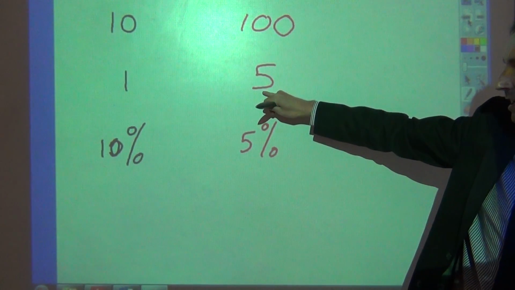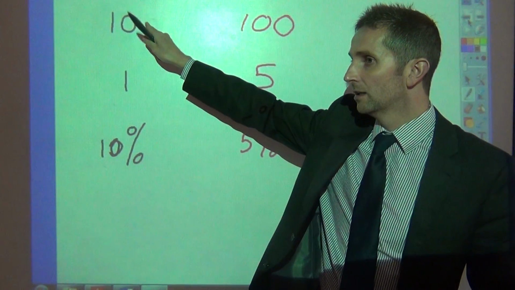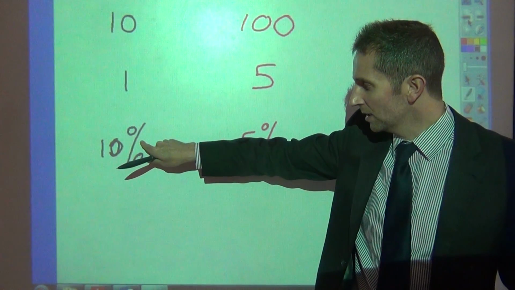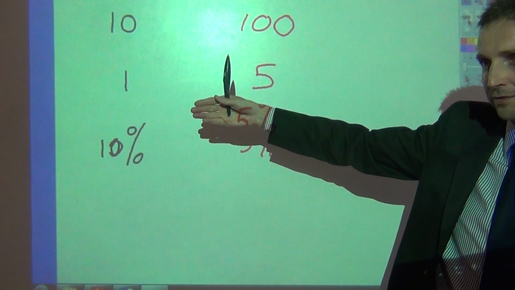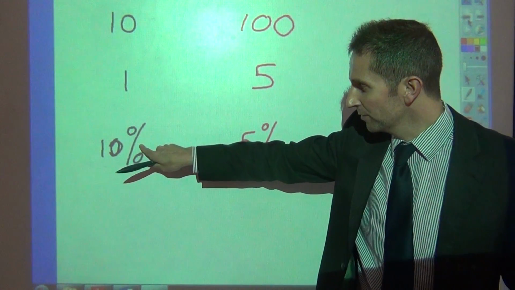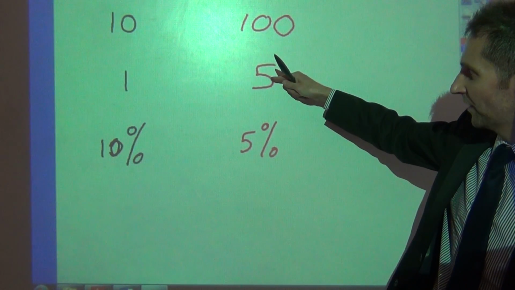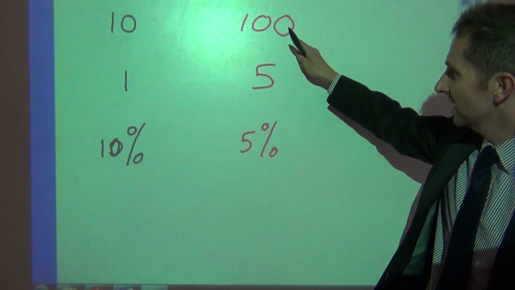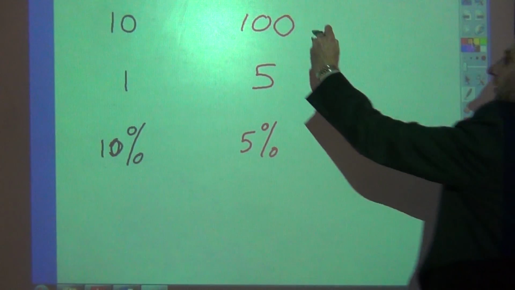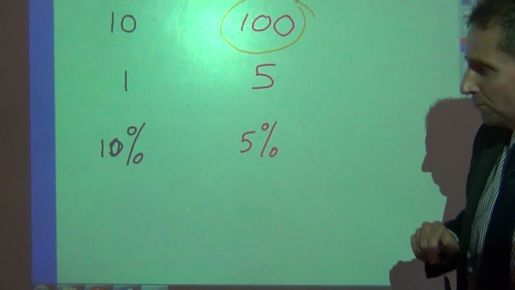But he's also said that as a percentage of the overall total, this percentage has fallen in our example from 73 to 71. So I'm going to say that this needs to go from 10% down to 5%. Well, if this is 5 and this is 5%, then this number, ladies and gentlemen, the number of people of working age who are in employment has to go up to 100.